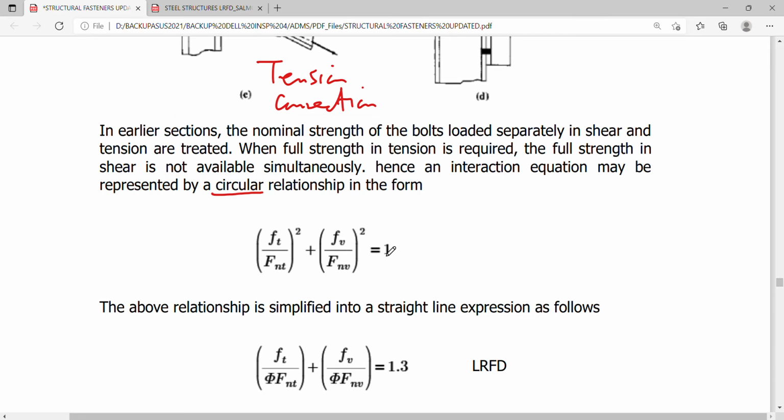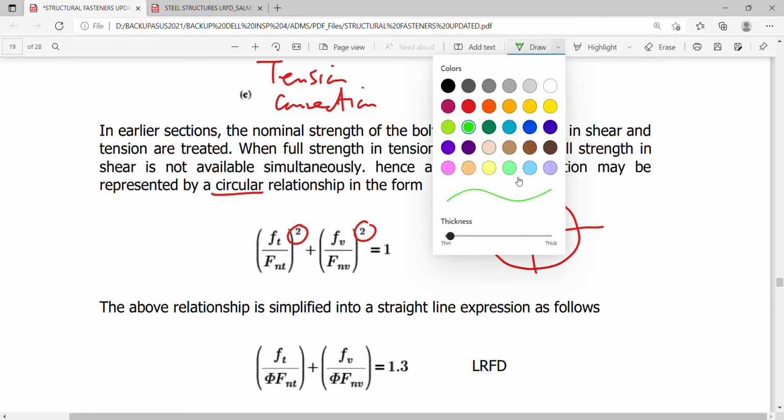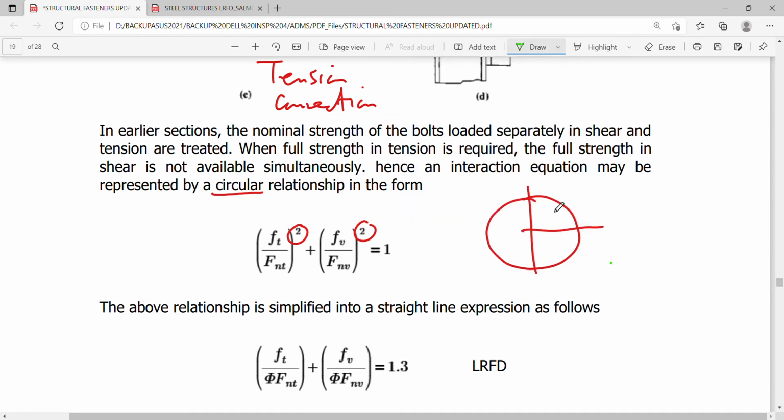Okay, but of course, circular relationships are difficult to solve because of the exponent. We can actually make use instead of having a circle, no? So the interaction can actually be approximated by simply putting some linear assumptions.